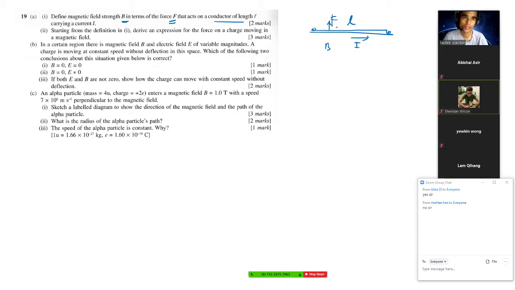So the current-carrying conductor is in the magnetic field.